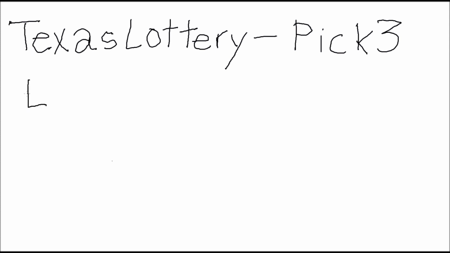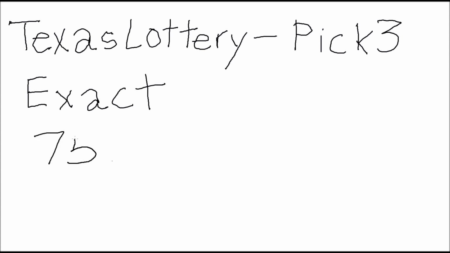If you choose exact on your lottery ticket, that means that you have to get your numbers in the exact order. For example, if you picked 7, 5, 2, then the only way to win would be if the lottery chose 7, 5, 2 in that exact order.